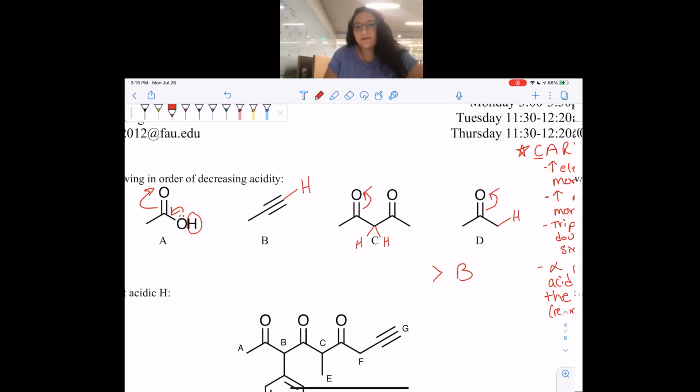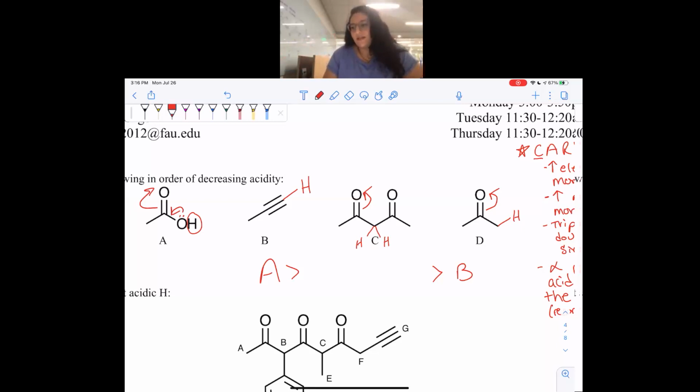So it's the allylic position, it has resonance, it's great, but it's attached to a carbon, whereas this has the same resonance, but it's attached to an oxygen. So automatically, which one is going to be more acidic, A or C and D? A, absolutely.